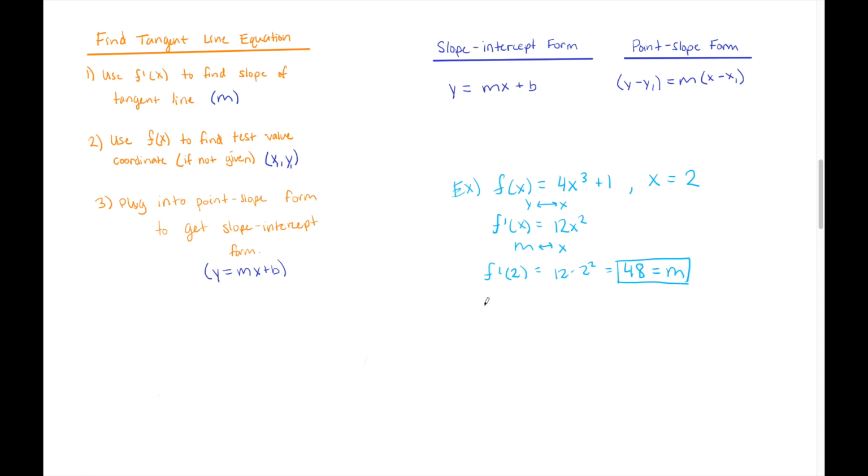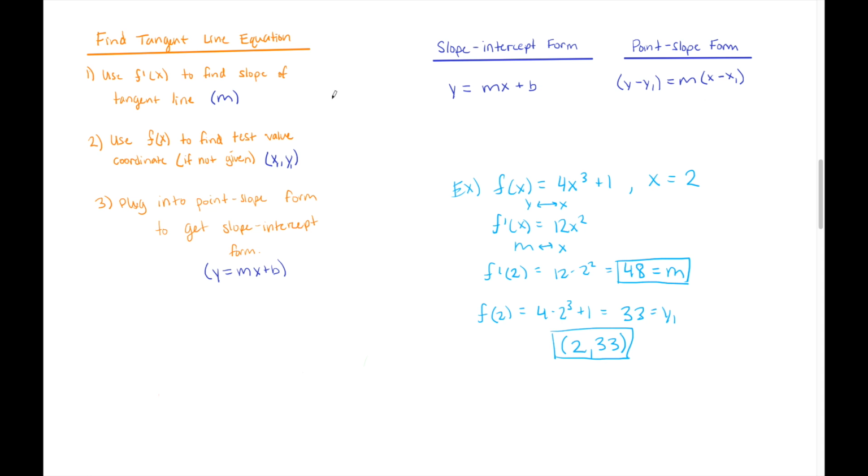So if I used the original function, f of 2 is equal to 4 times 2 cubed plus 1, and that equals, well, 2 cubed is 8, times 4 is 32, plus 1 is 33, and this is our value for y1. So our actual coordinate would be 2, because that's what we're given, and 33. And this is our x1, y1 coordinate.